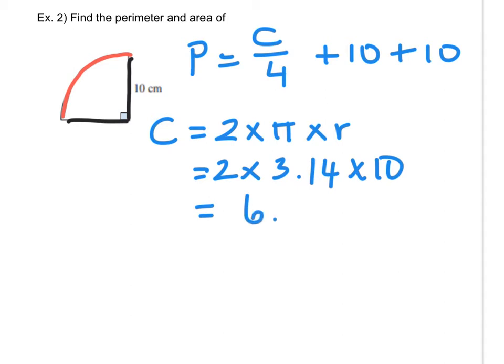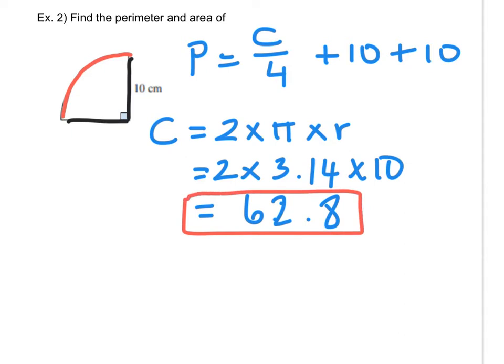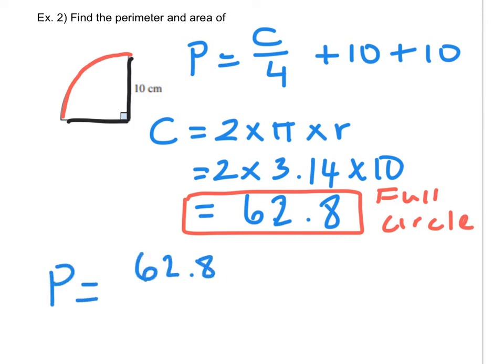So that again is 62.8. That would be the circumference of the full circle. But now we have to divide that by 4. So now the total perimeter is equal to 62.8 divided by 4 plus 10 plus 10.